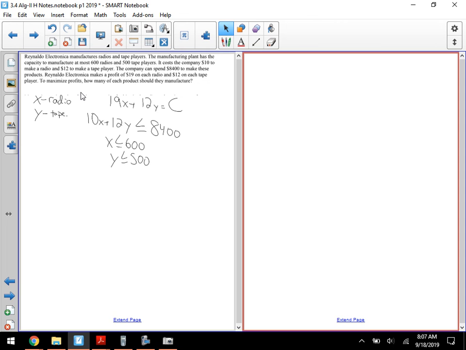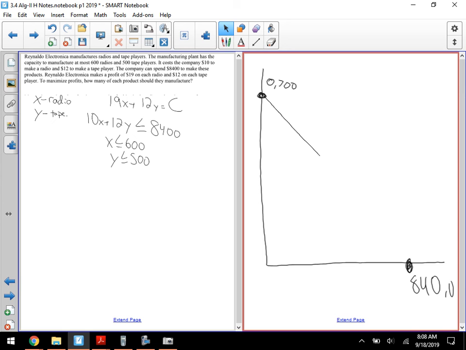First quadrant problem. I have an 840 for an x-intercept here. And then if I find the y-intercept for that one, I believe it's at 700. Does that sound right? Inward or outward?